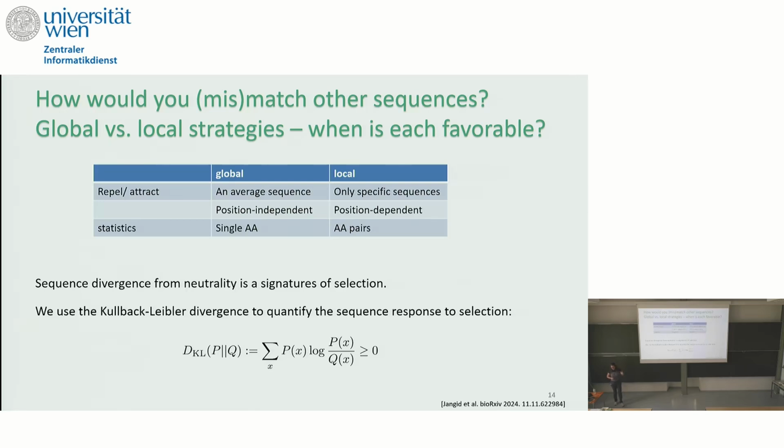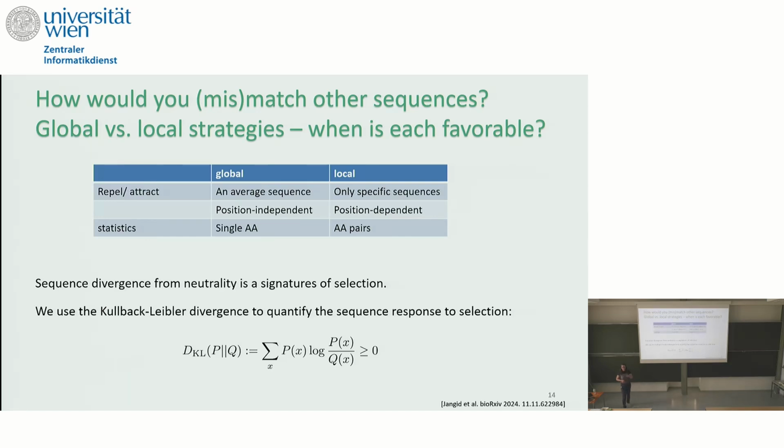In general, what I will show you from now on are the signatures of the distributions of these amino acids. If there is no selection, what we expect to see is that they follow the prior distribution, which is the distribution from which we pick the mutations whenever they occur.